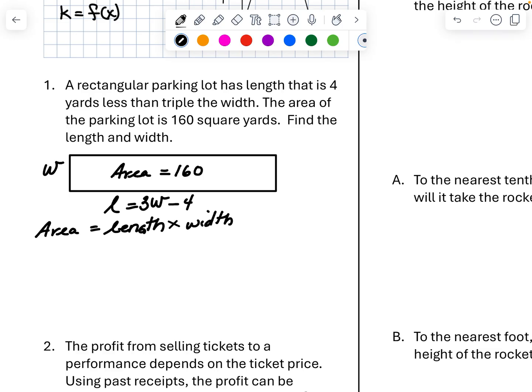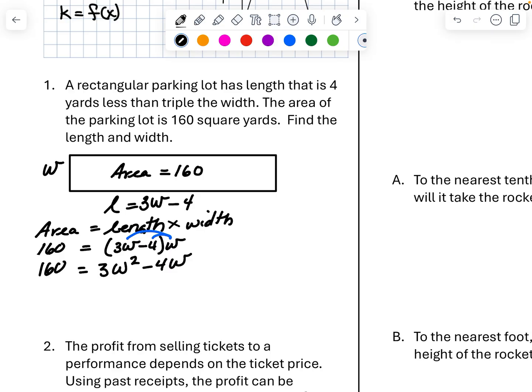It drives me crazy. So we're going to say 160 is equal to the length, which is 3w minus 4, times the width, which is just w. Then we are going to distribute. That is going to give us 160 is equal to 3w squared minus 4w.